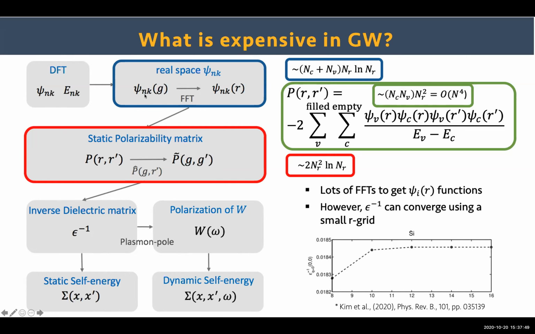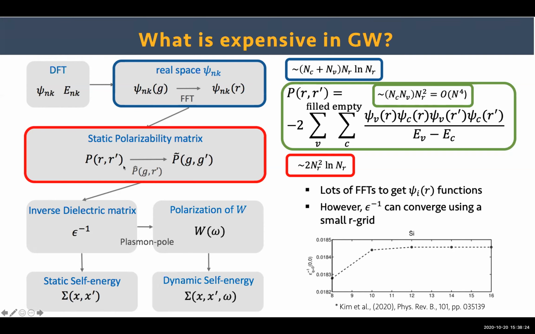This can either be done in the G space or in the R space. What practically people do in the field is that they typically get the energies and the wave functions, or you could say eigenvalues and eigenvectors, from DFT, which are often in the G space. Then you can convert this to R space using FFTs, which have this kind of scaling. Within the R space, you can calculate the polarizability matrix and then convert it back to G space using inverse FFTs.